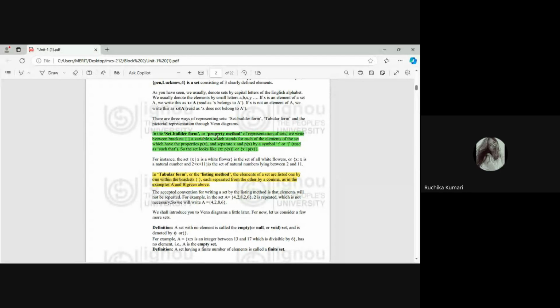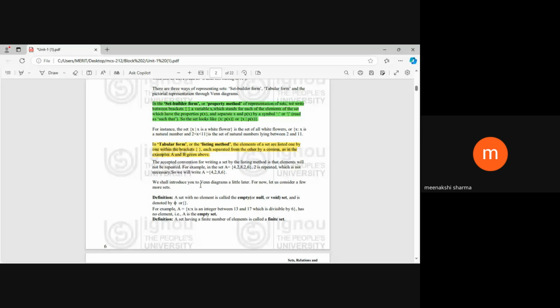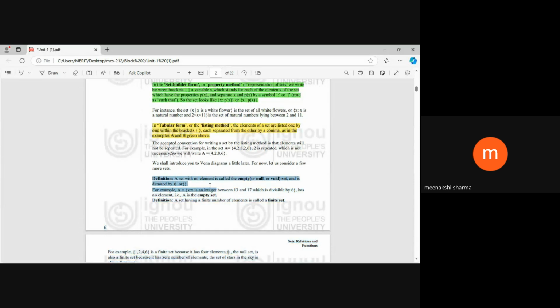Okay, students, done. Then read this one: empty or null or void set. An empty set is a set with no element. The green one.